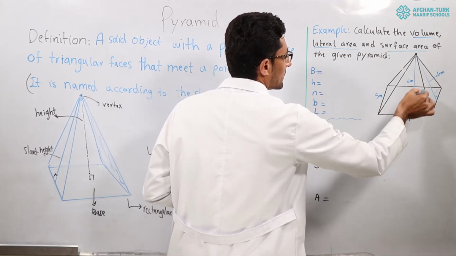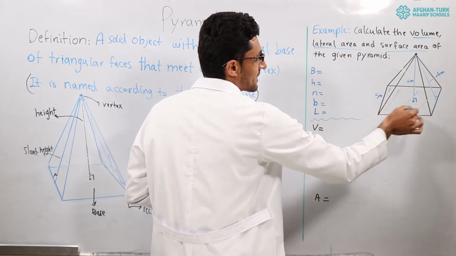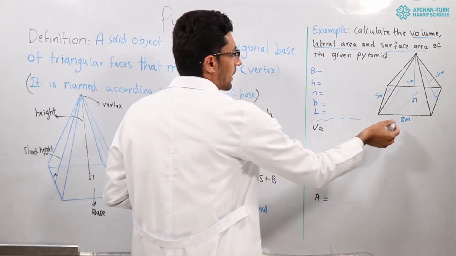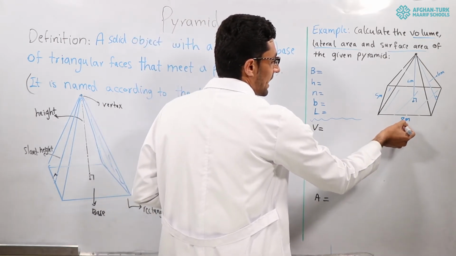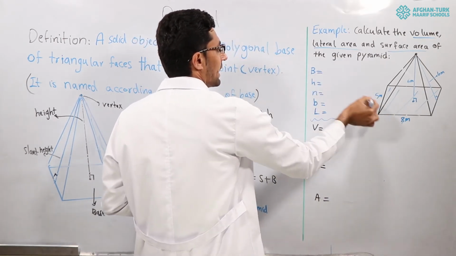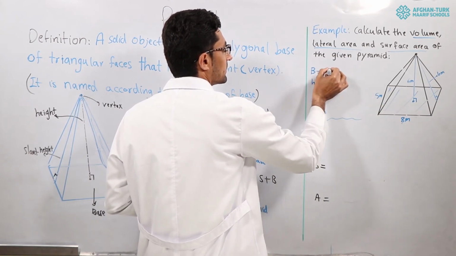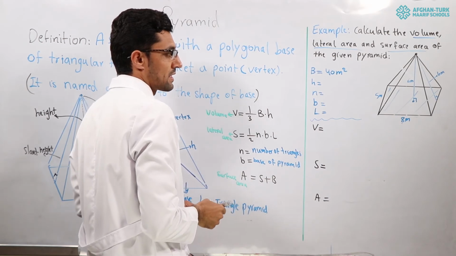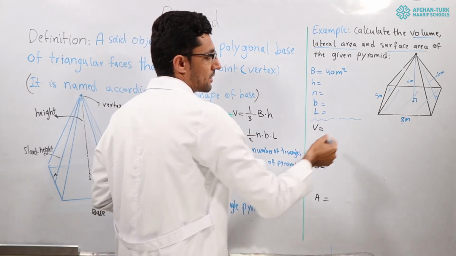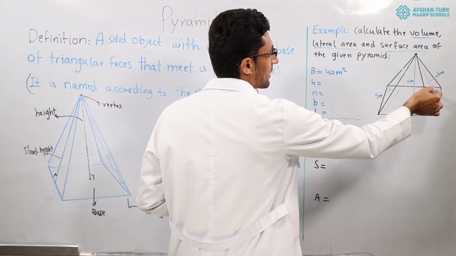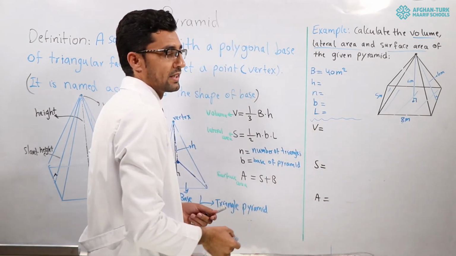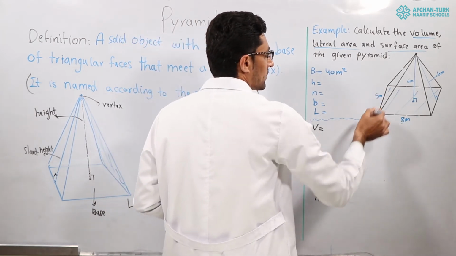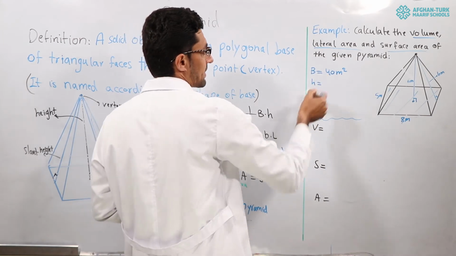How do we find the area of this? 8 multiplied by 5 is 40 meters square. You know how we find the area of a rectangle? Length multiplied by width. It's the base.